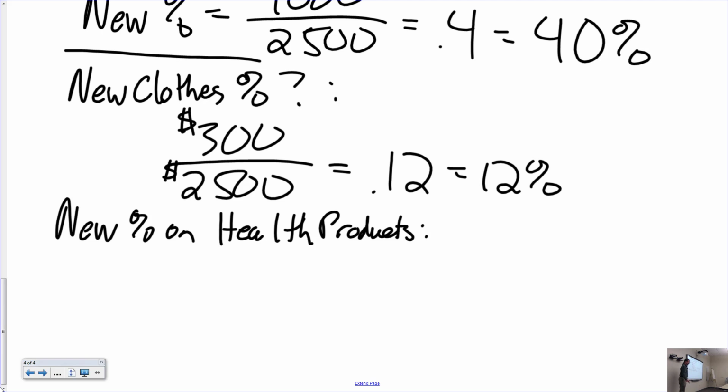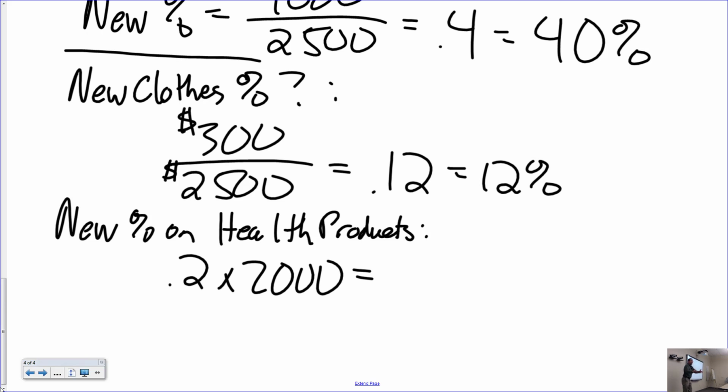You would figure it out by going back to the old $2,000 and subtracting the $800 that was your electronics and your clothing, and then find out what percent of the new $2,500 in sales is healthcare products. So you take the 20% times the old $2,000 amount.